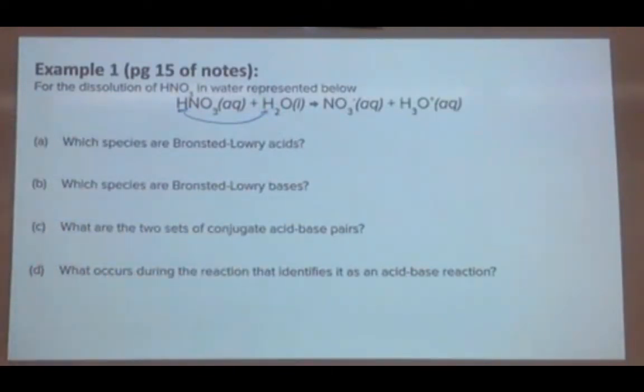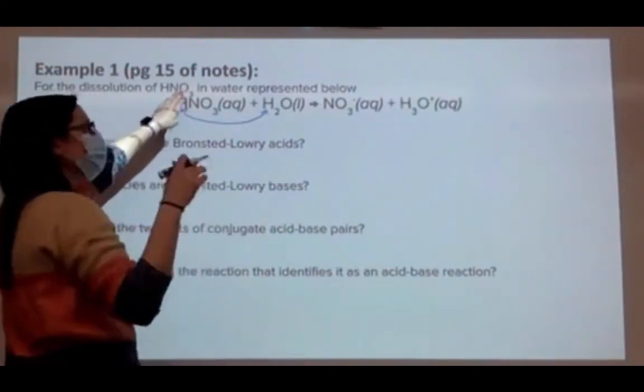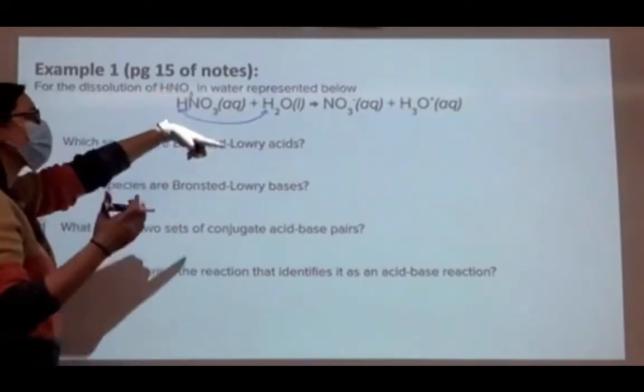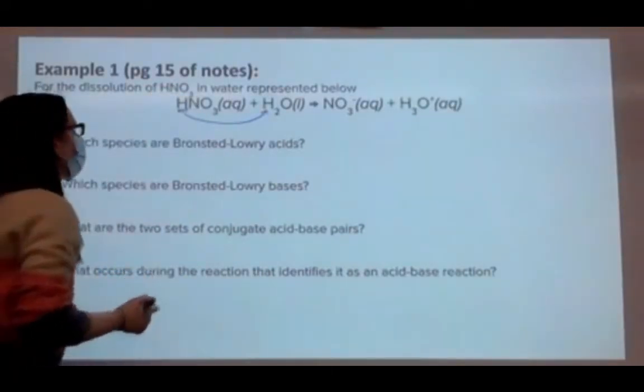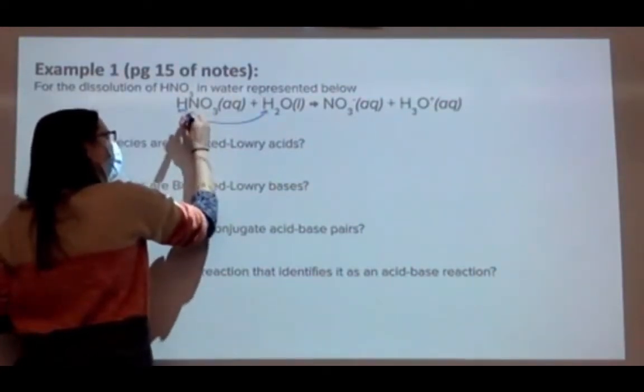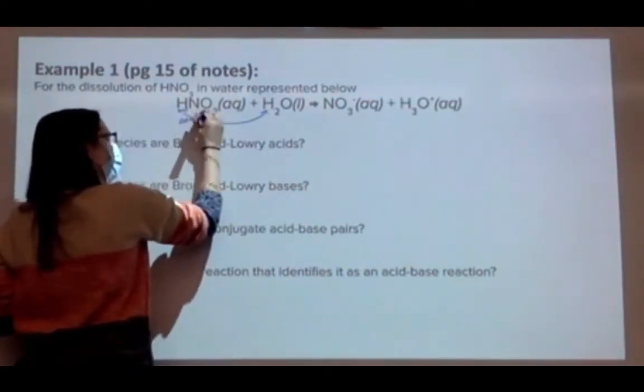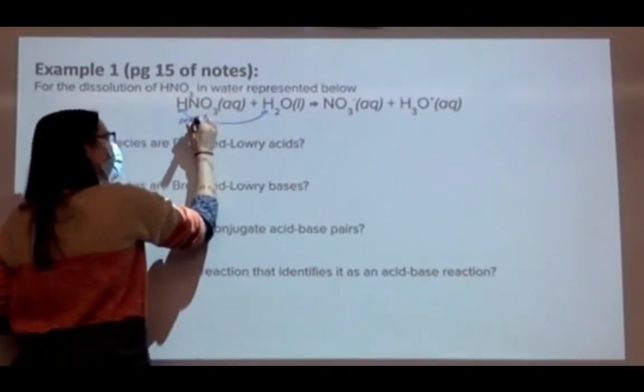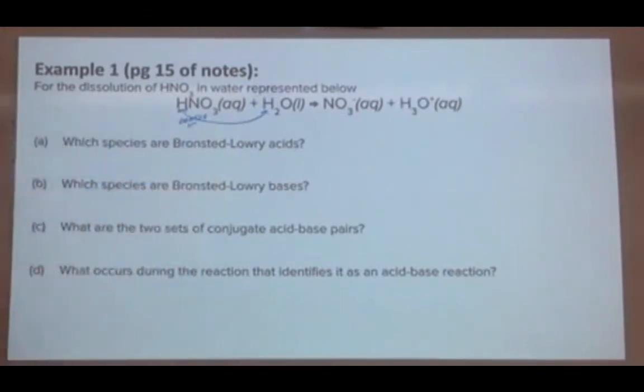Think about it, HNO3 becomes NO3-. If it gives up an H+, it's not only giving up an H, but it's also giving up that plus charge, which is why it becomes minus. So HNO3 is donating an H+. Something else has to accept it. You can't have one without the other.